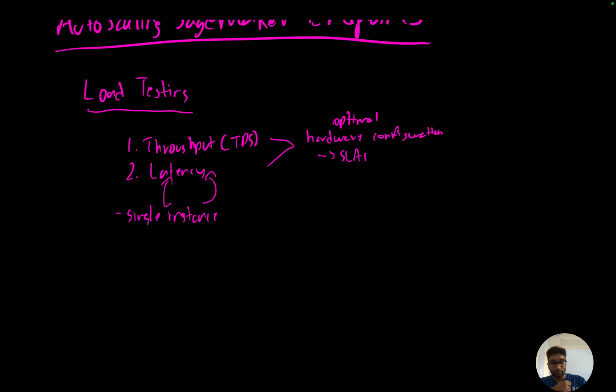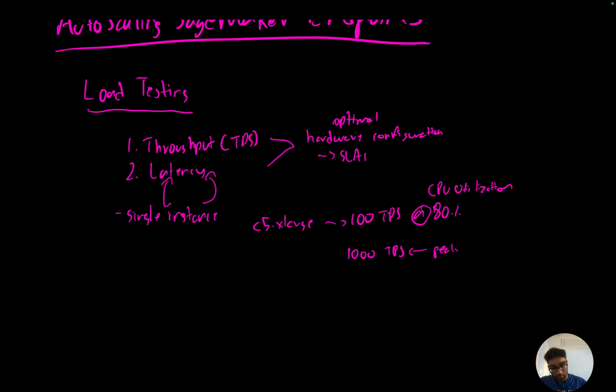And let's say, for instance, I have a C5 xlarge, and I know that I can achieve about 100 transactions per second while saturating my hardware, or let's say CPU utilization, at 80%. And let's say our peak TPS that we're trying to achieve, this is maybe our peak or maximum. Based off our load test, we could probably extrapolate that it might take about 10 of these instances to reach up to 1,000 transactions per second.